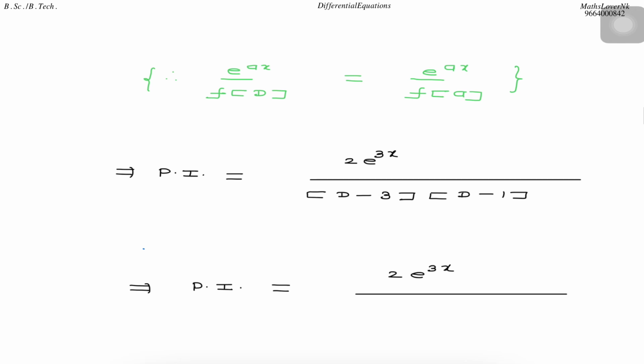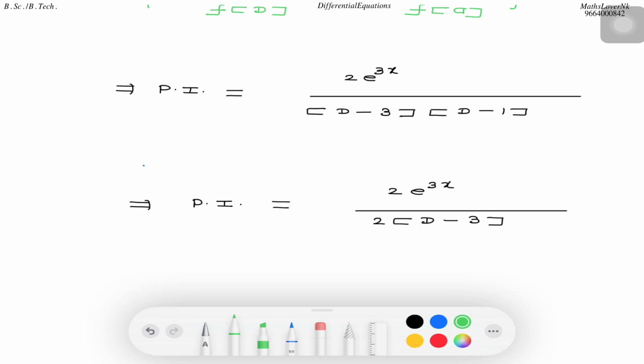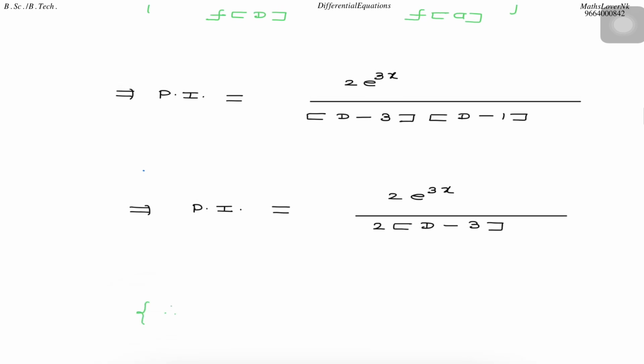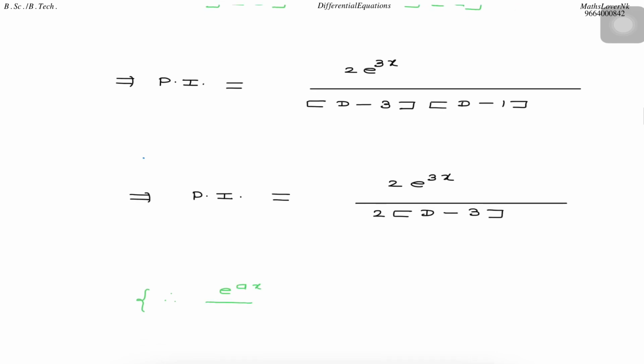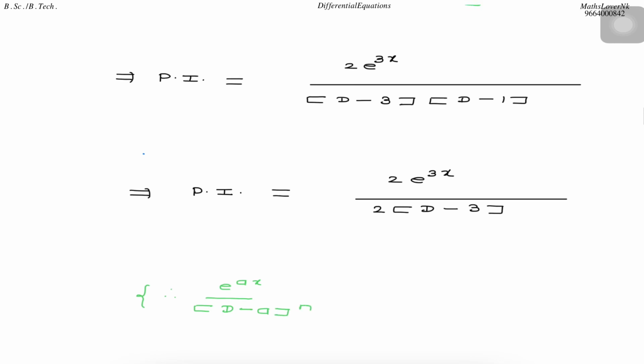So we have 2 over (D minus 3), and the 2s cancel out. Now again applying the identity: e to the power ax upon (D minus a) to the power n has solution x to the power n upon factorial n into e to the power ax.